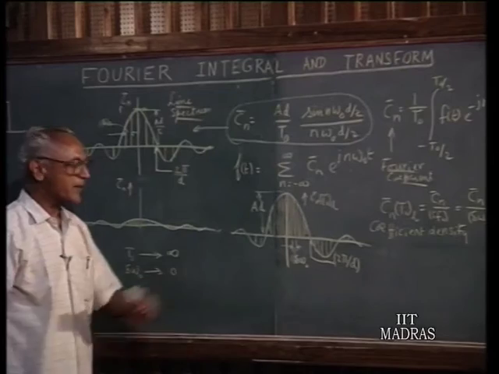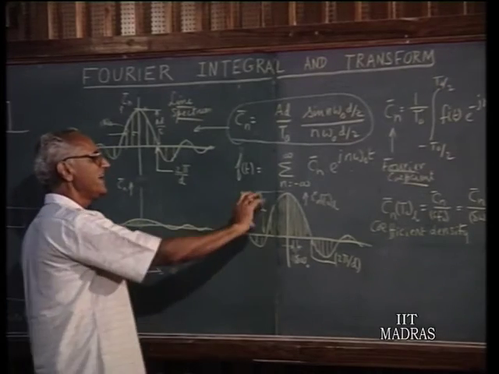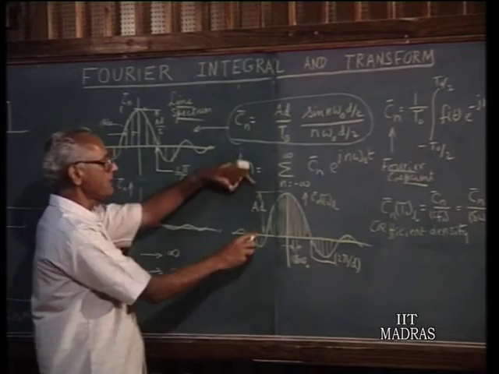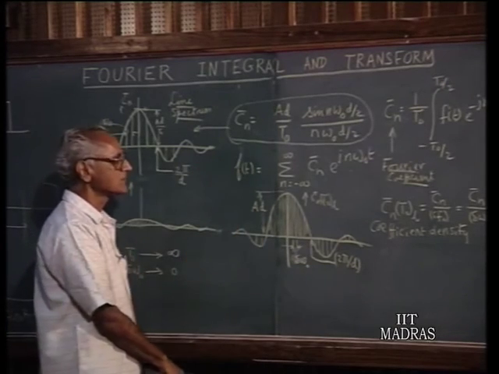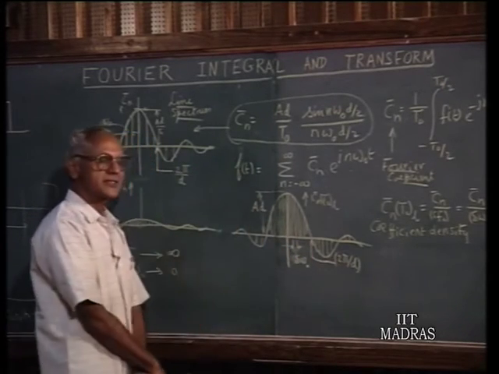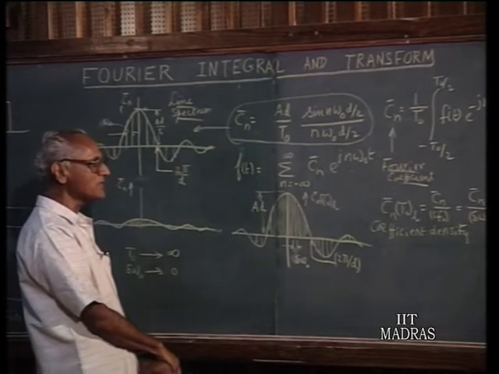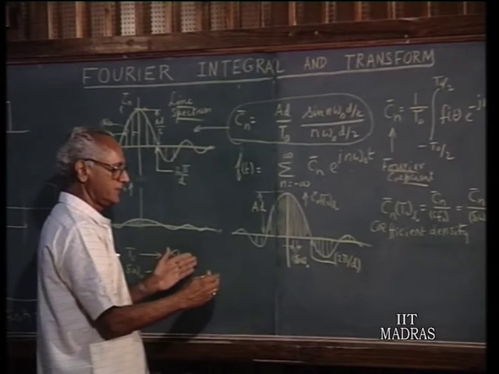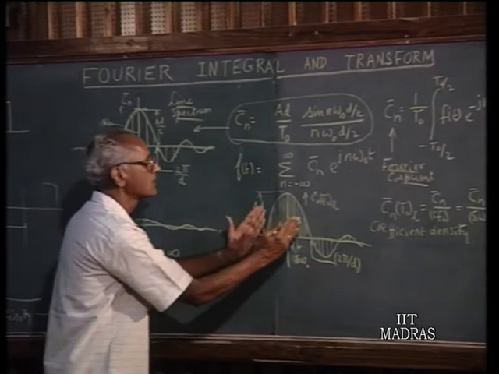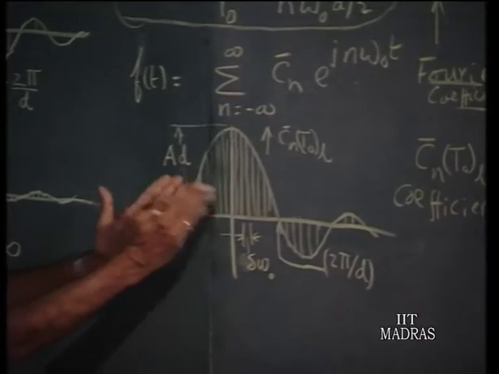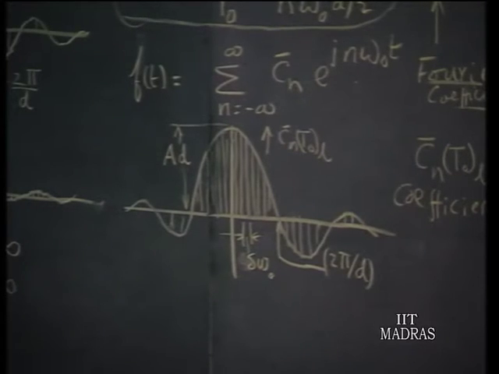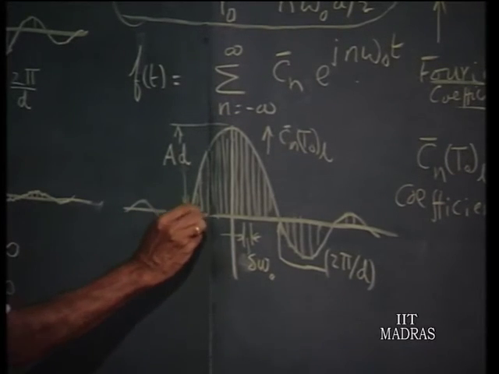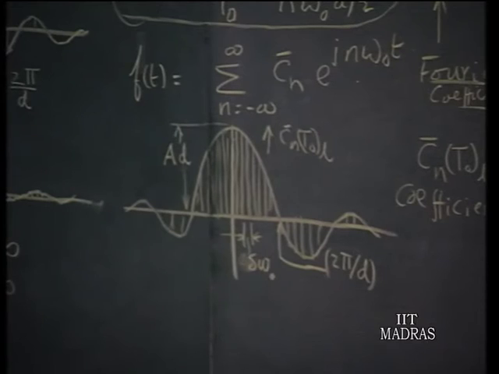So, what happens to the spectrum now? A D is independent of your T naught, so that remains the same. This 2 pi by d remains the same. All that happens now is, as you increase the period, delta omega naught becomes smaller and smaller, these lines come closer and closer, there will be more lines, and in the limit you will find a particular line at every point on the x axis.